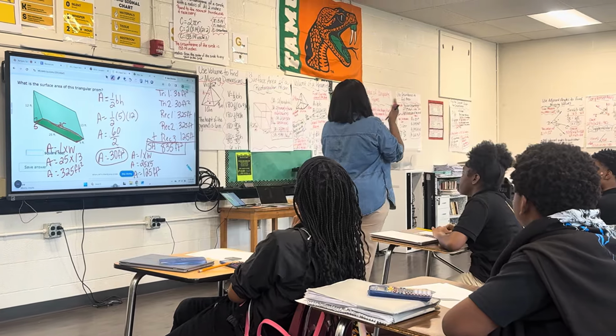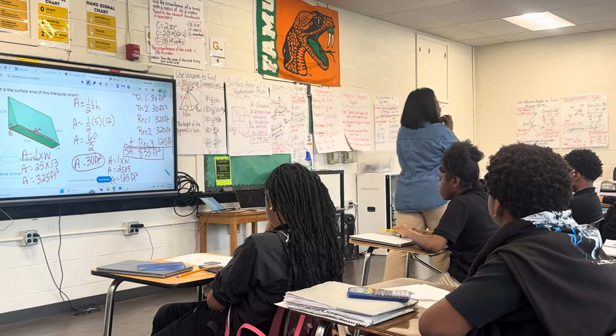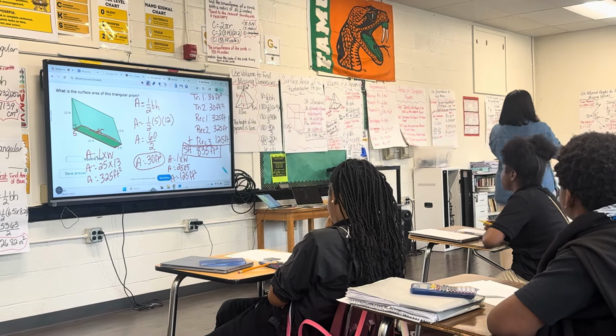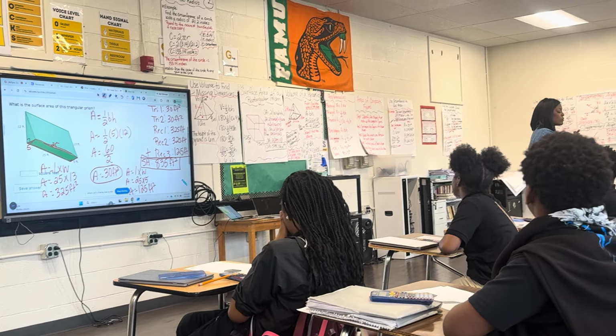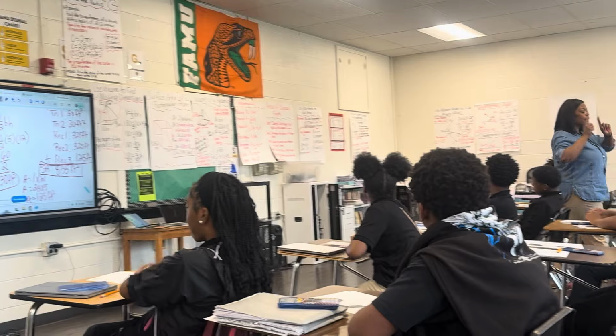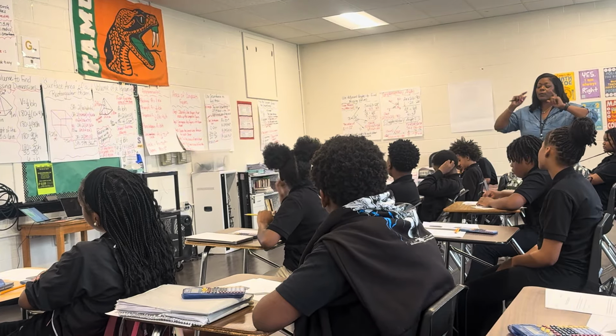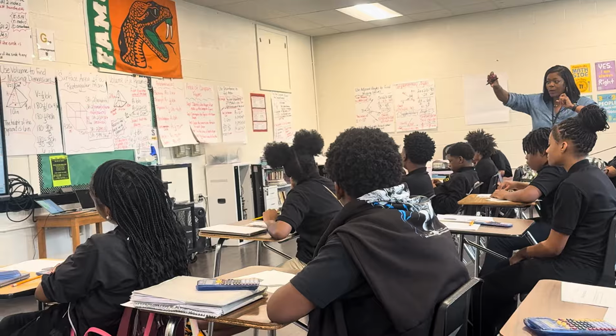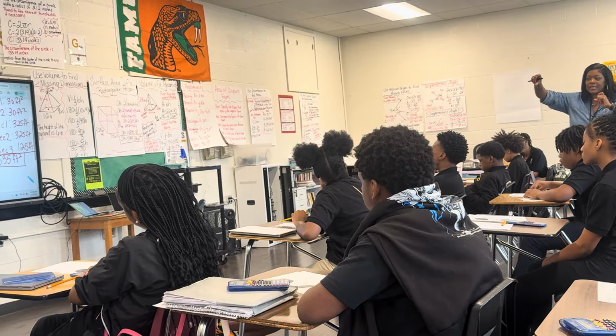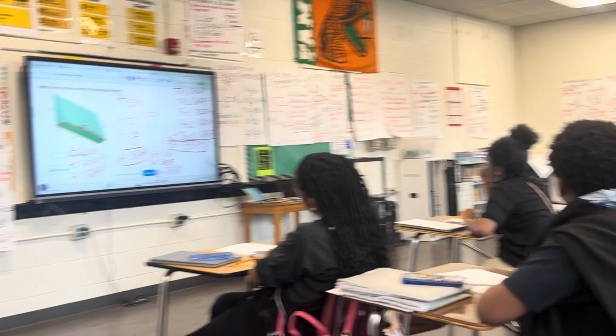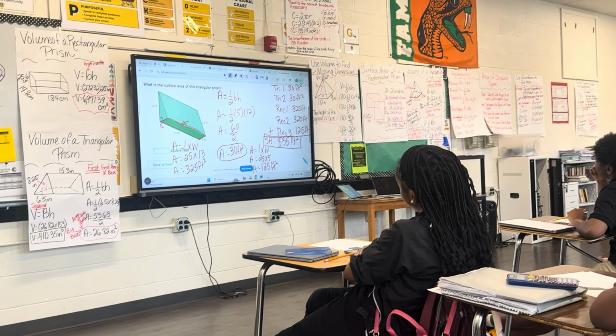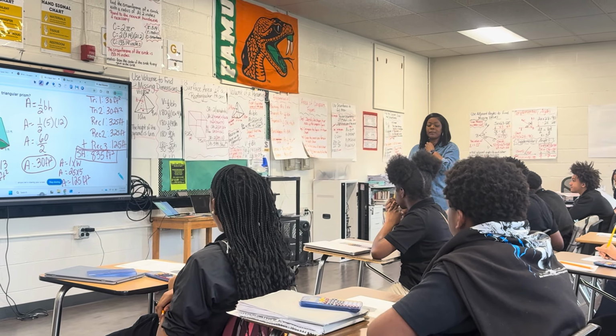I have noticed that when you're trying to determine the base and the height of the triangle, you're picking the wrong length. Remember what I said, the right angle square is perpendicular to the base and the height of that triangle.